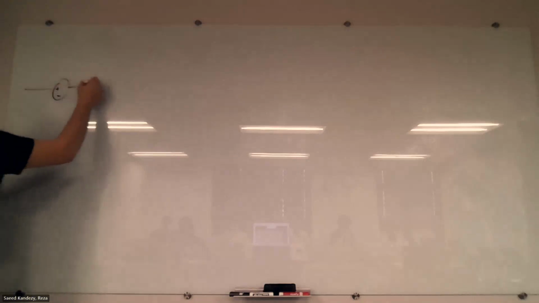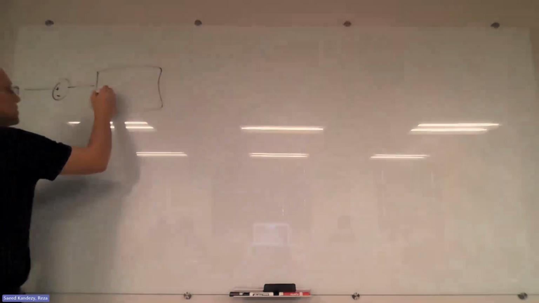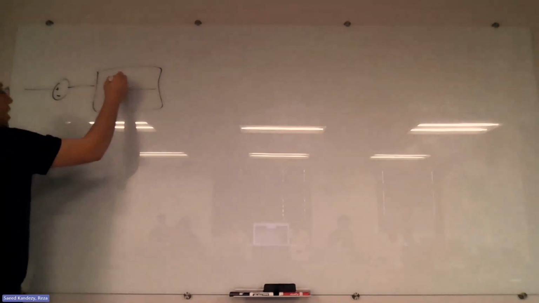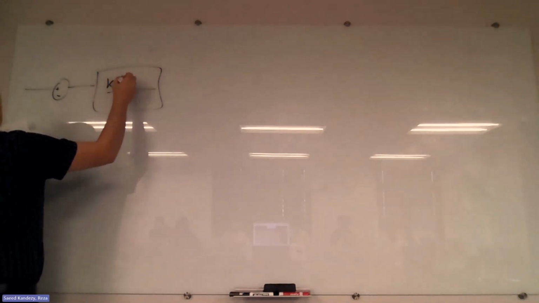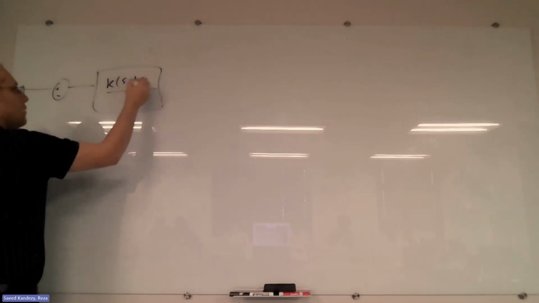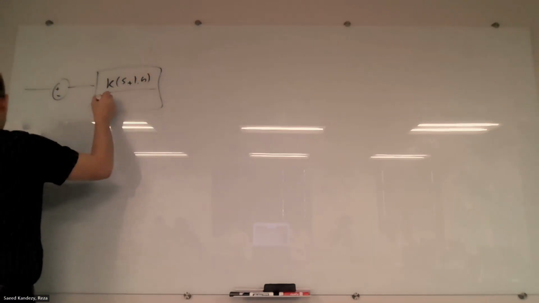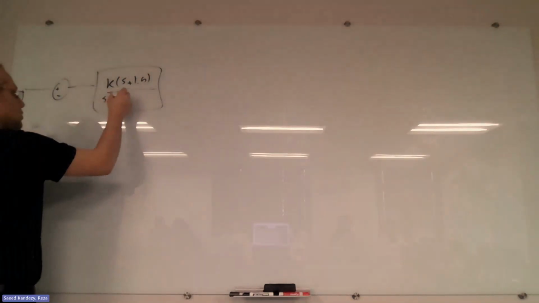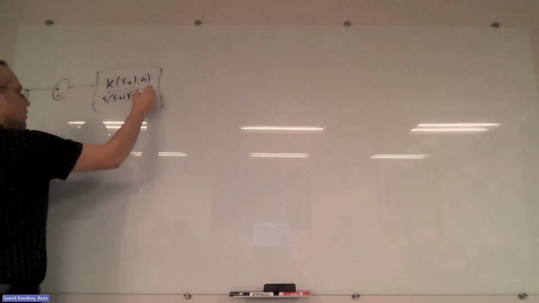Now, let's do an example and see how it could help us. We have a feedback system with a forward path transfer function of K times (s plus 1.5), and the denominator is s times (s plus 1) times (s plus 10).